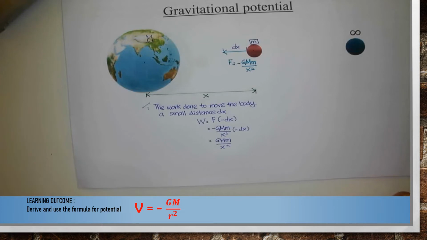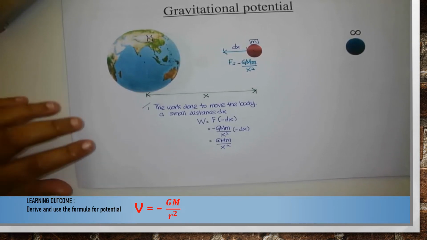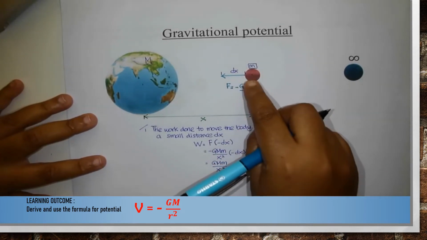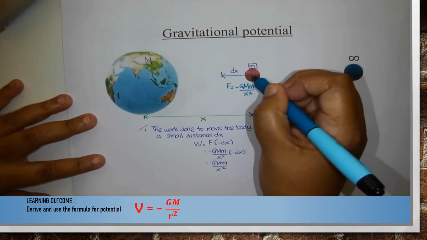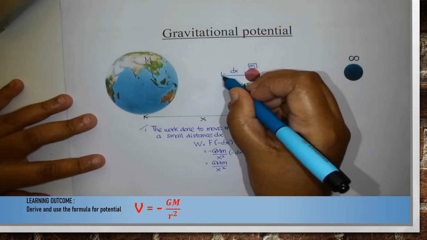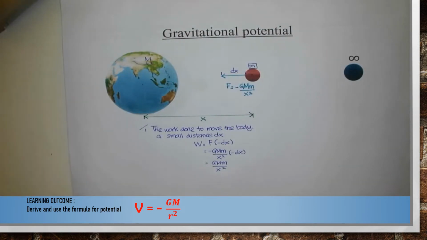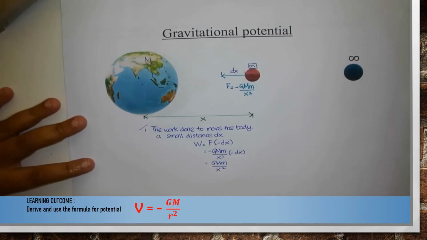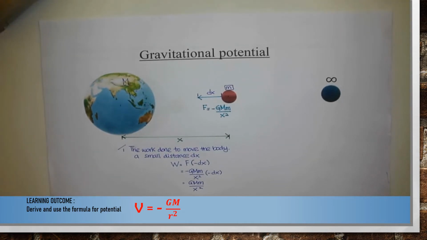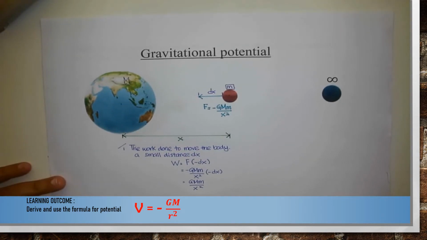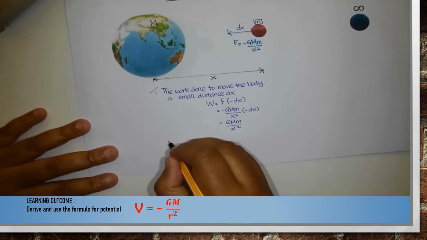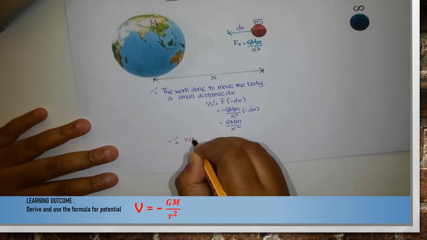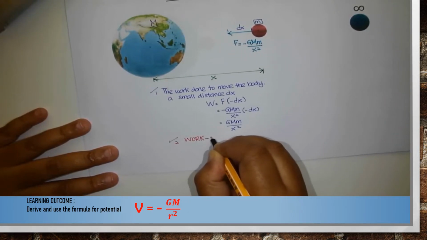Another concept we're going to look at: when this mass is moved from one distance to another distance in the gravitational field, we go back to the concept of the work energy theorem. So I'm going to write here, number 2, work energy theorem.